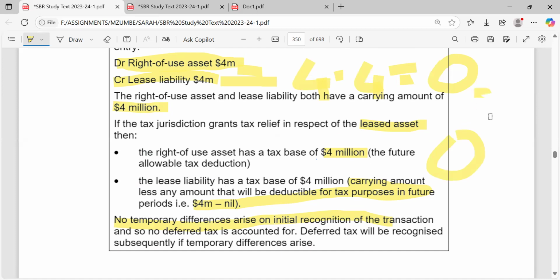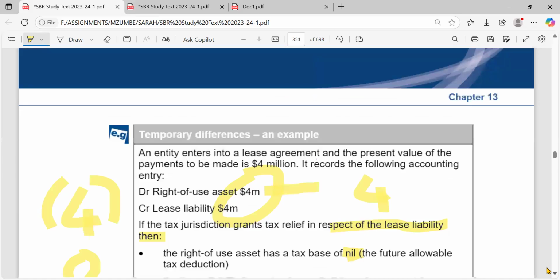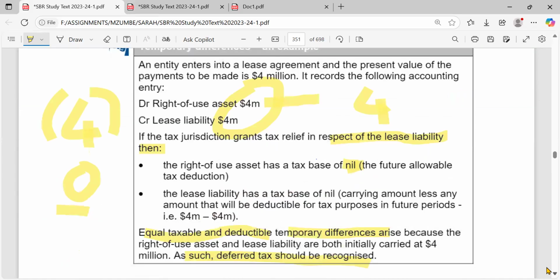They are the same, so there is nothing to be done, right? That's why no temporary difference arose on recognition of the transaction, and so deferred tax should not be recognized. While if you do come here, we found that we are going to recognize that. So I hope that is fine and everything can go well now.